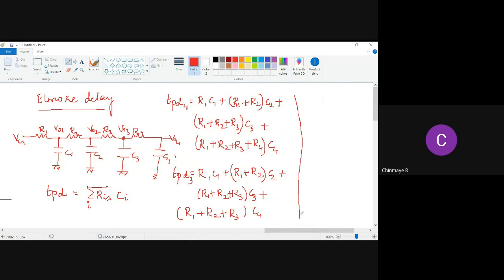So you should have a term with respect to all capacitors in the circuit, but you should cleverly choose the resistors only in the path from Vin to Vout. That's the trick. That's it. Nothing else. Is that clear? Now I want you to write what's TPD2 and TPD1. Once you do this, I'll just summarize what we did today and we'll wind up.